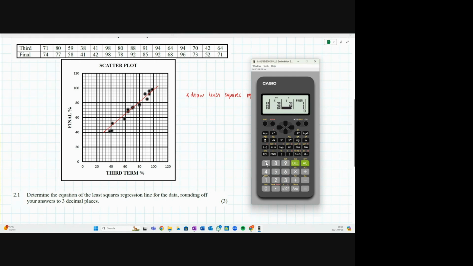Right, there we go. Once you've done that, you can push AC. It makes no difference if you do or don't. Don't worry, your data is not lost. It's just stored.